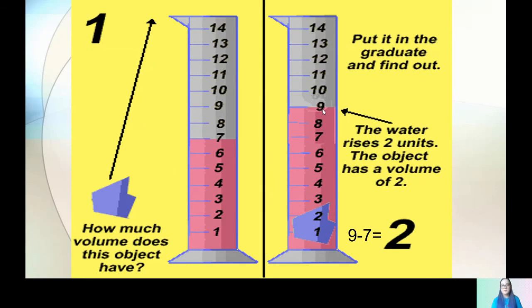And now we measure the water again. Remember, you have to wait until it settles down. Once the water stops moving, you measure where it's at now. And you notice that it went from 7 to 9. And so the volume of the object itself would be 9 minus 7, 2 milliliters.